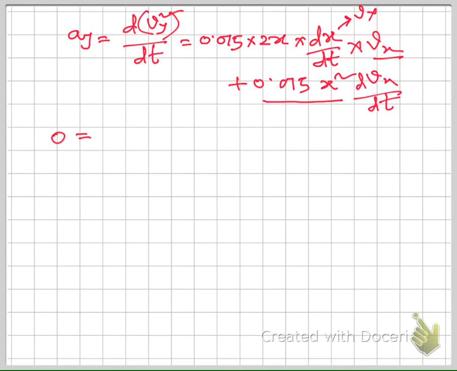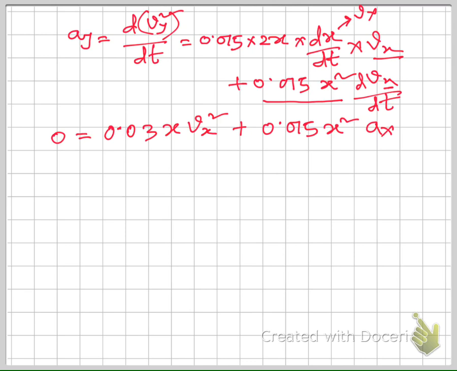So this becomes 0.015 multiplied by 2, which is 0.03, and we'll have our x and vx whole square plus 0.015 x square. So if we take the derivative of vx with respect to time, we know it's an acceleration, and this is the x direction, so it will be ax.